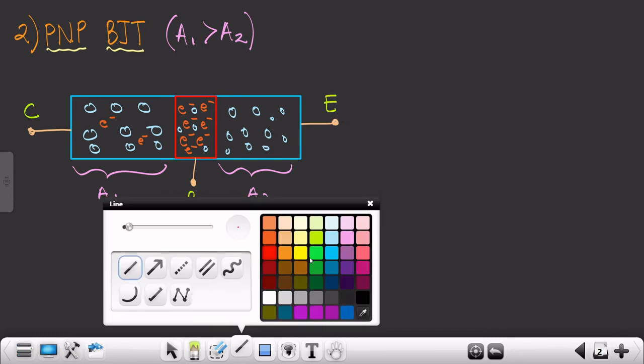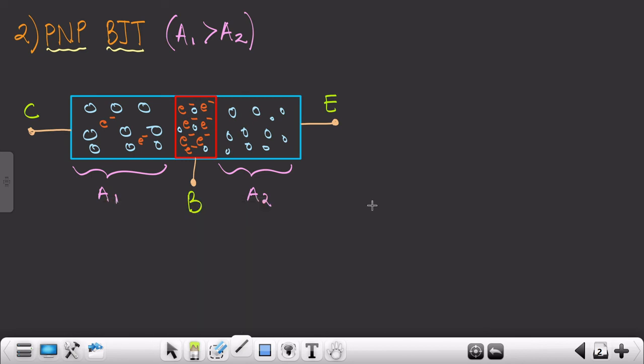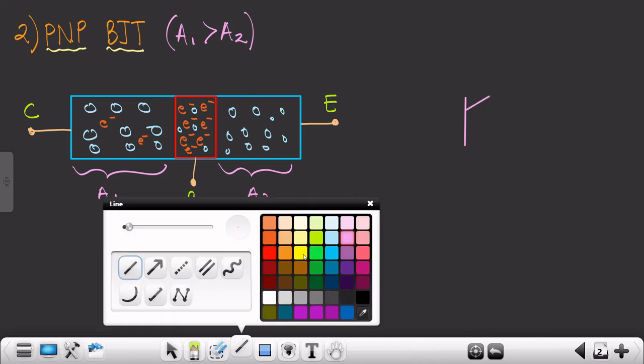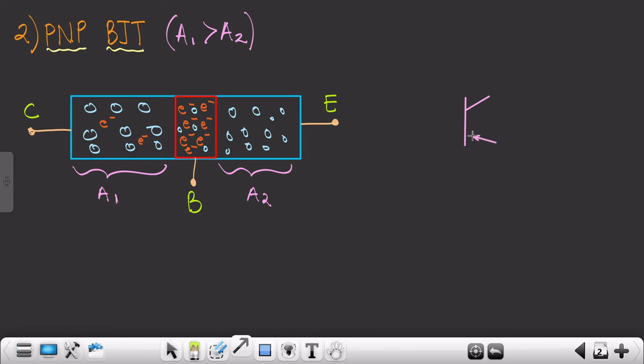And now we are again going to draw the symbol of a transistor. I'll draw it very quickly so that we do not waste our time. This is how it is going to look, and then over here the arrow will come towards the transistor, something like this.